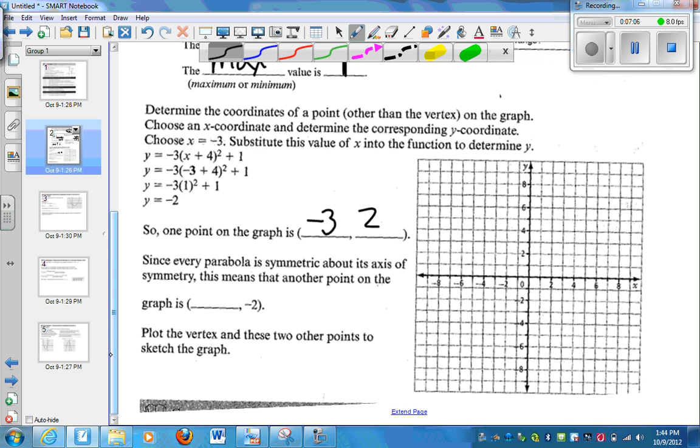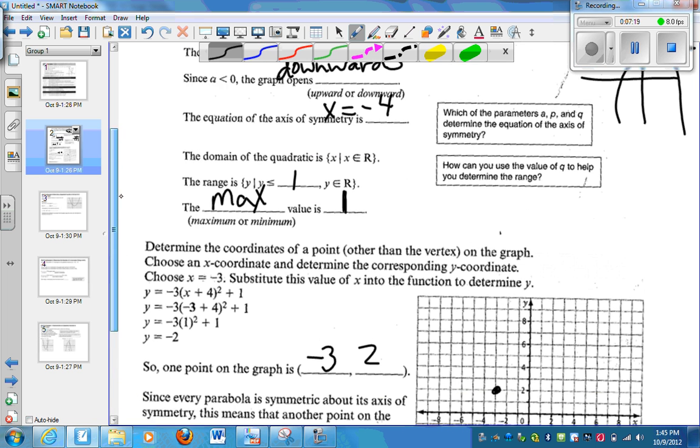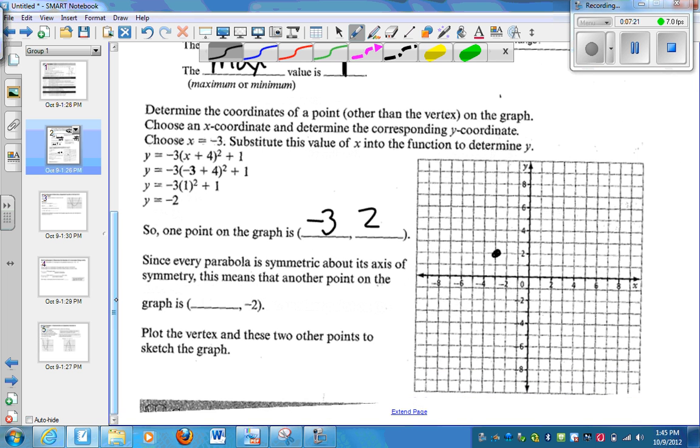And we're going to graph that point. So when x equals -3 and y equals -2, there's one point. Since every parabola is symmetric about its axis of symmetry, so what was its axis of symmetry? It was x equals -4. So here's our axis of symmetry. X equals -4. What that means is whatever is on this side is going to be mirrored on the other side.